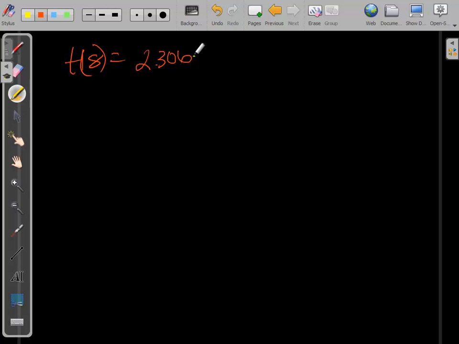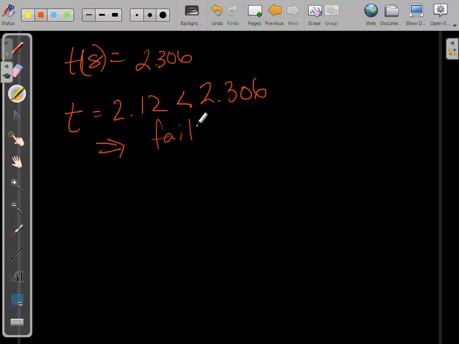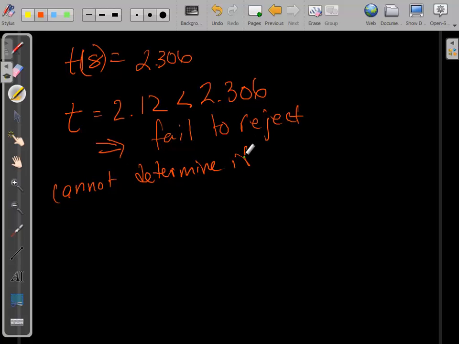So the critical value is 2.306, and our t-value was 2.12, so we have t equaling 2.12, which is less than 2.306. That tells us that we fail to reject. In other words, we cannot determine if the correlation is significant.